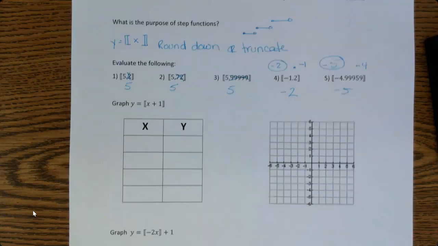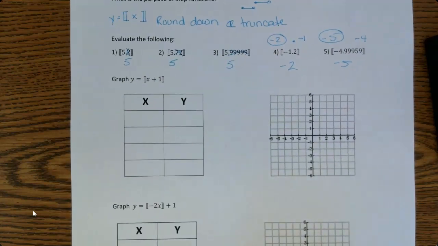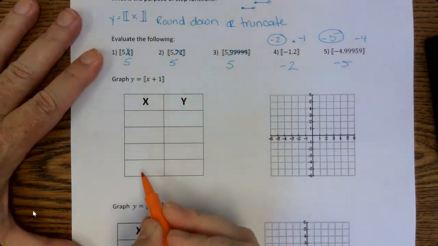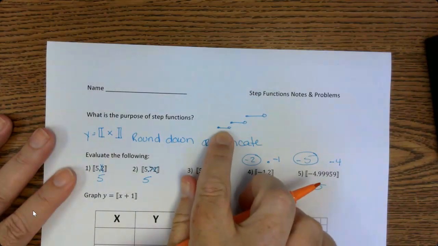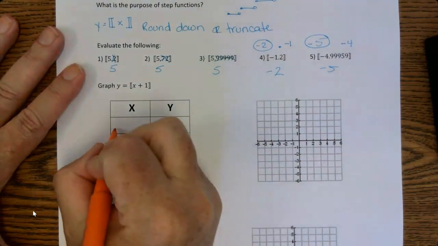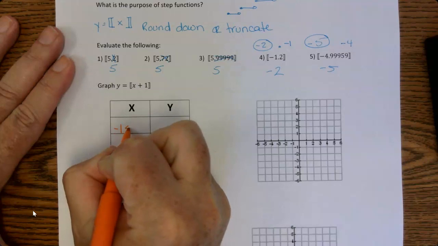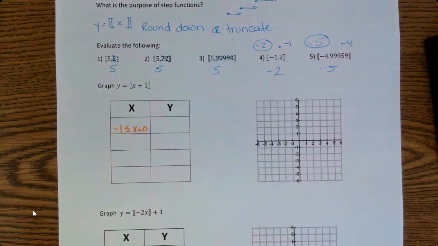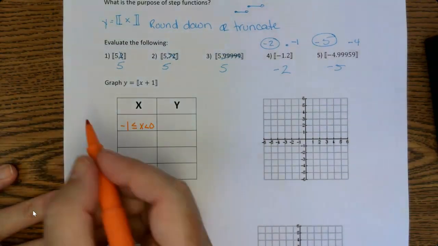Now, how do we graph these? Okay, so we got to be careful. So we're not going to just choose a number here, because remember, we have to have these floating stairs. So let's go -1 and 0. So let's just remind ourselves.